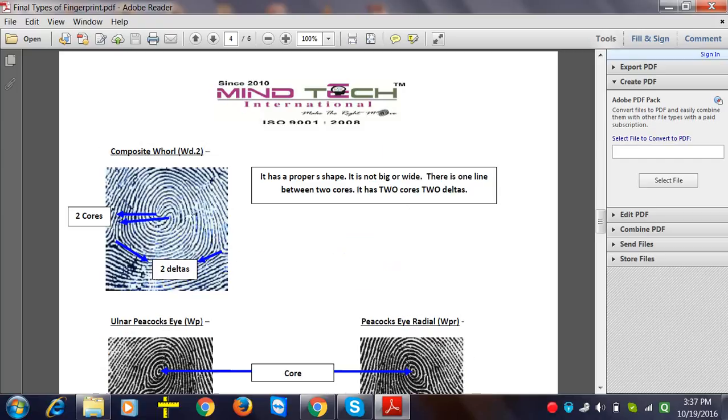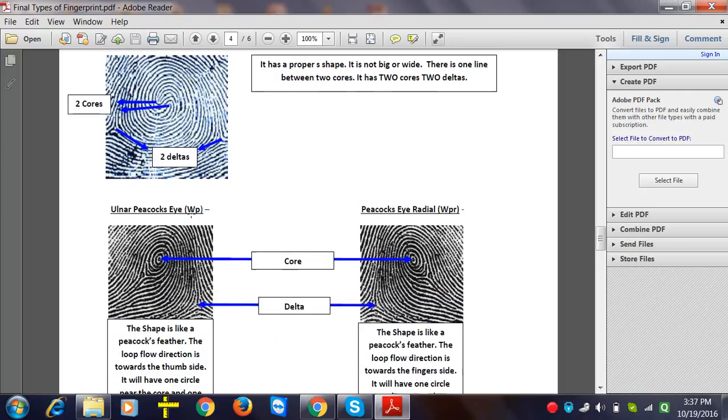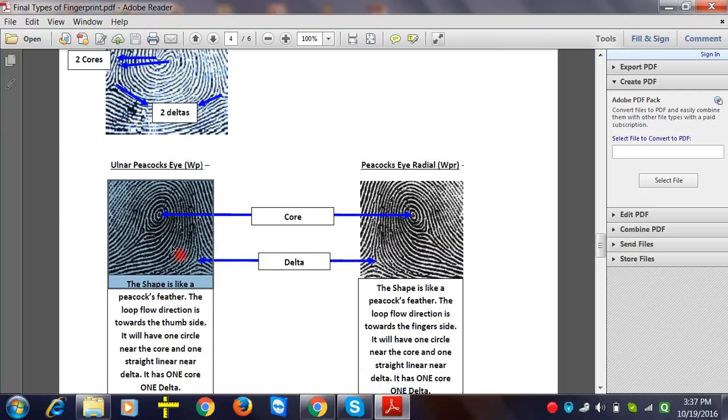Then we have ulnar peacock's eye and peacock's eye radial. What is ulnar peacock's eye? If you see, there is one delta and one core, and if the flow is going towards your thumb side, it will be called ulnar. But why peacock's eye? Because the pattern is like a peacock's eye.